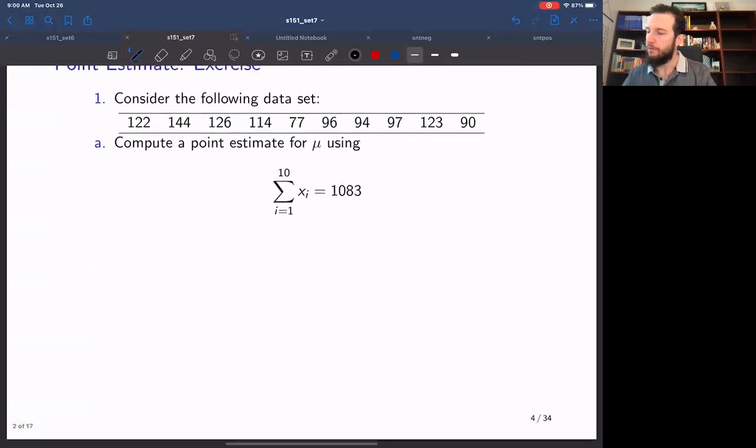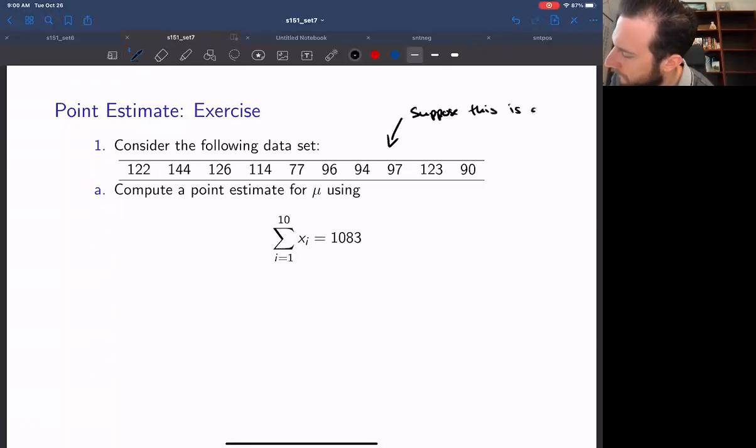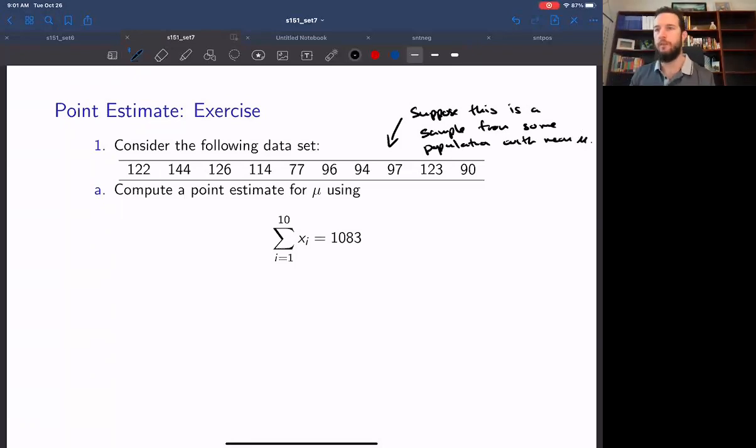Okay. So for example, suppose that these 10 values here were a sample. So this is a sample from some population with mean mu. Okay, so these 10 values are a sample taken from a population. The population has mean mu. Compute a point estimate for mu.